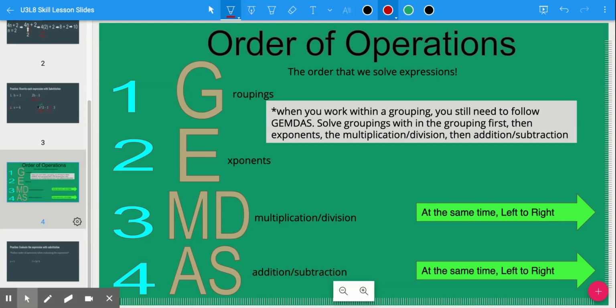You would solve that at the same time, left to right. And then the fourth is addition and subtraction. Again, you would solve that like you're reading a book, in the order that it appears from left to right. Quick reminder, when you are working with a grouping within a grouping, you need to still follow order of operations.